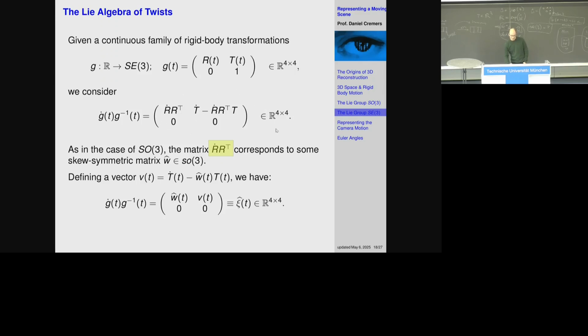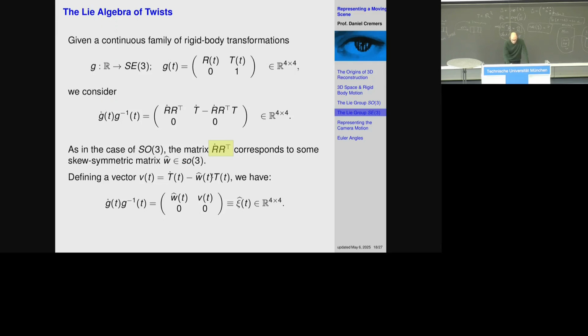It's a 4x4 matrix, where on the top left you have R dot R transpose, so a skew-symmetric matrix. And on the top right you have this expression, T dot minus R dot R transpose times T. And so we take this upper right-hand element, this is a 3D vector, and we'll call it VT.